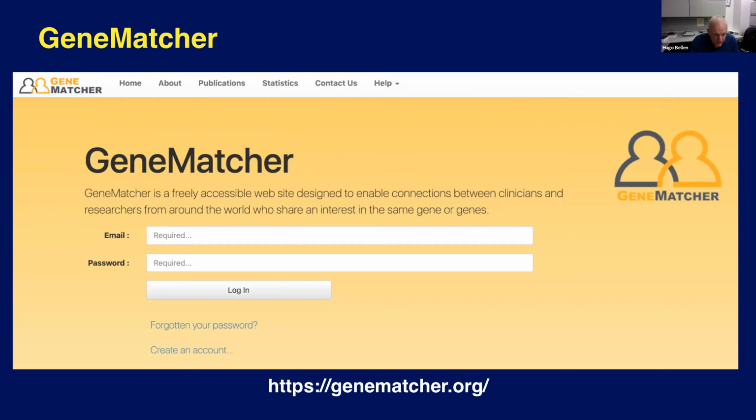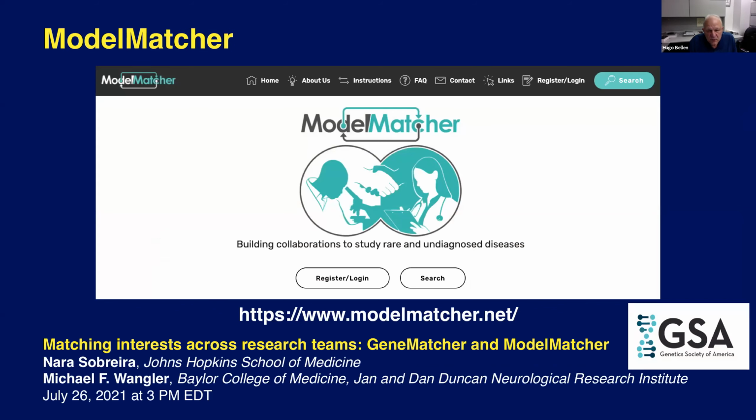And we will again have a seminar about GeneMatcher's approach as well as Model Matcher, which is much more recent and was developed by Shinya Yamamoto, where the idea is that if you want to collaborate or find out if someone else is working on your gene of interest, you can log on to Model Matcher, put in your data, and it'll make a connection for you with those researchers that are interested in the same or similar genes.